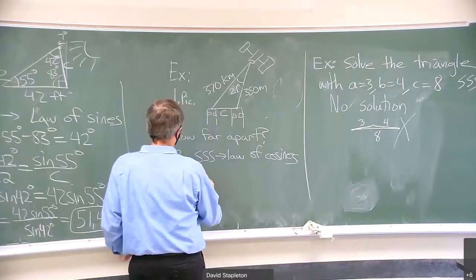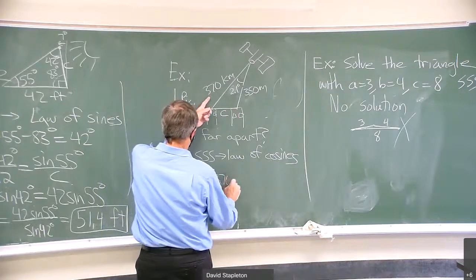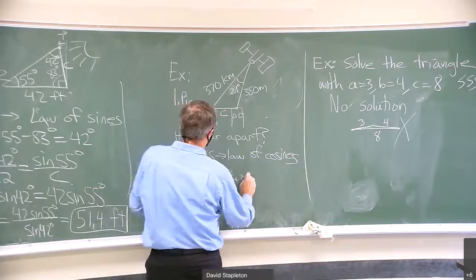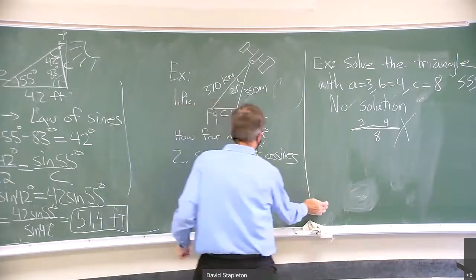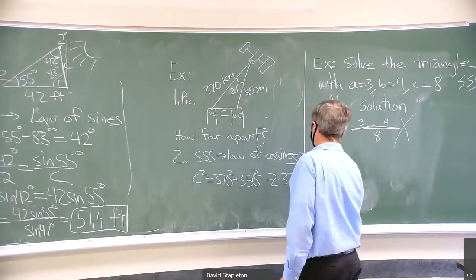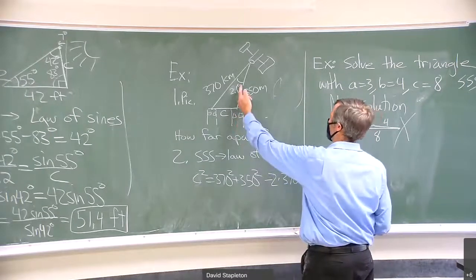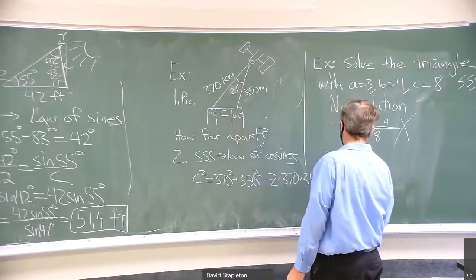So I have to write C squared equals A squared, 370 squared, plus B squared, 350 squared, minus 2AB cosine gamma, the angle opposite the side, 2.1.